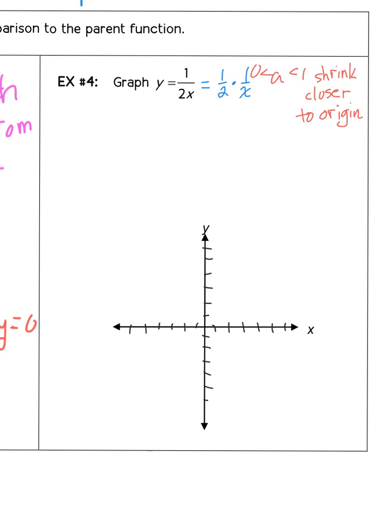Okay, so I still have my vertical asymptote here because there's been no up, down, right, left movement, and my horizontal asymptote at y equals 0. So that means that my domain and range is still going to be the same. That hasn't been affected yet.